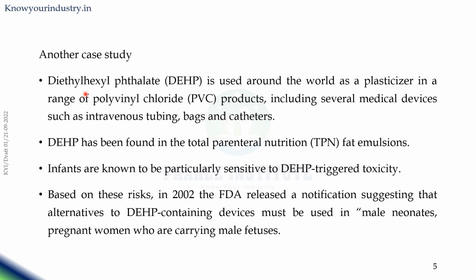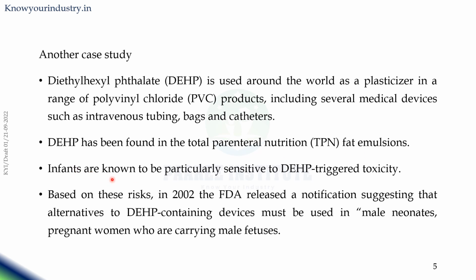In some other case studies, another reported impurity is diethylhexyl phthalate (DEHP), which is used around the world as a plasticizer in PVC products. This PVC is used for making intravenous tubing, bags, catheters, etc. The regulatory agency found this DEHP in total parenteral nutrition fat emulsions, which are used for infants.